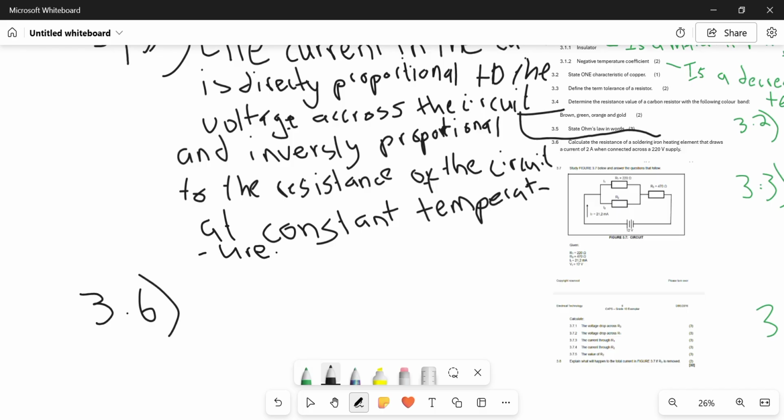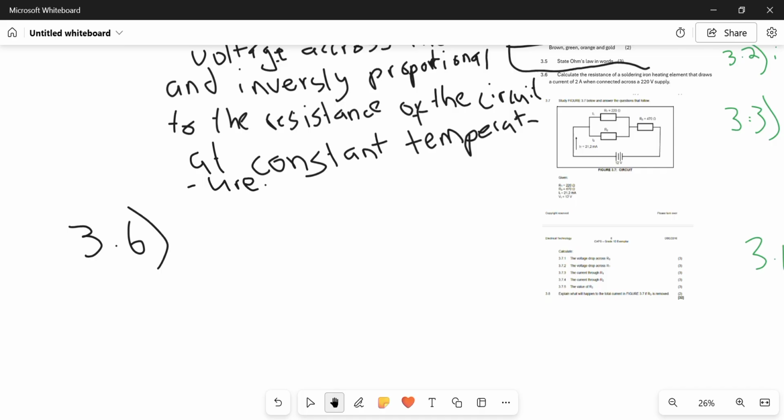It says calculate the resistance of a soldering iron heating element that draws a current of 2 amperes when connected across a 220 voltage supply. So here it's straightforward. Normally they give 3 or 2 marks. So yeah, you'll be lucky if they give you 3 marks for it.